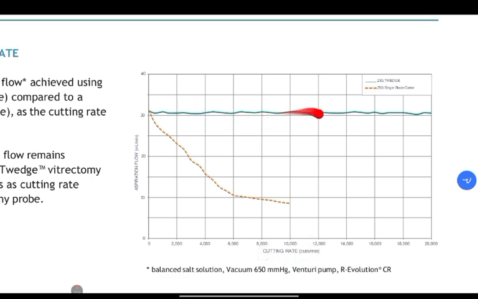This is a graph of 23 gauge twitch, and this is a graph of 23 gauge single blade cutter. The balanced salt solution vacuum is 650 mmHg and Venturi pump R evolution CR.